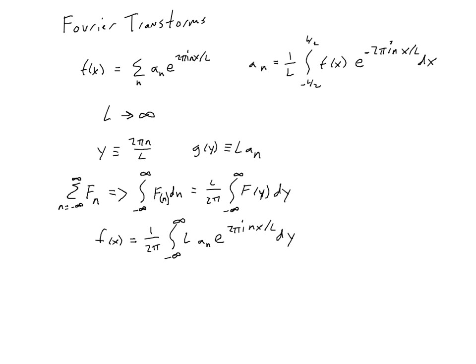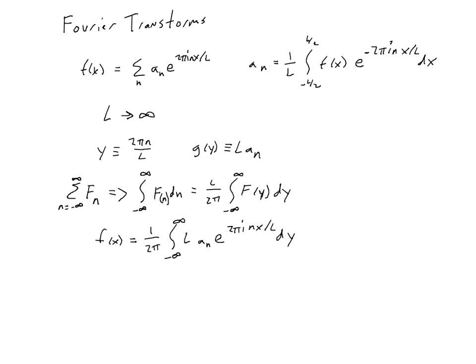That's basically taking this summation up here and going through the same process, turning it into an integral. If you do the exact same thing, you're not touching the exponential term, you're not touching the a sub n term, but you're adding in the dy, and you're multiplying in the L over 2 pi.